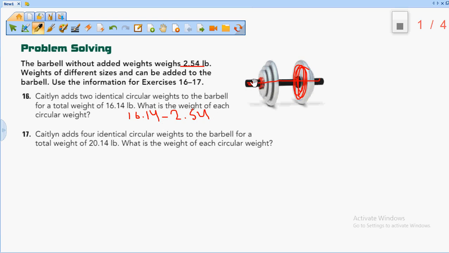So we have to subtract the barbell because the question says they added two identical weights. So I will subtract the weight of the barbell. The answer becomes 16.14 minus 2.54, 13.6 lb.